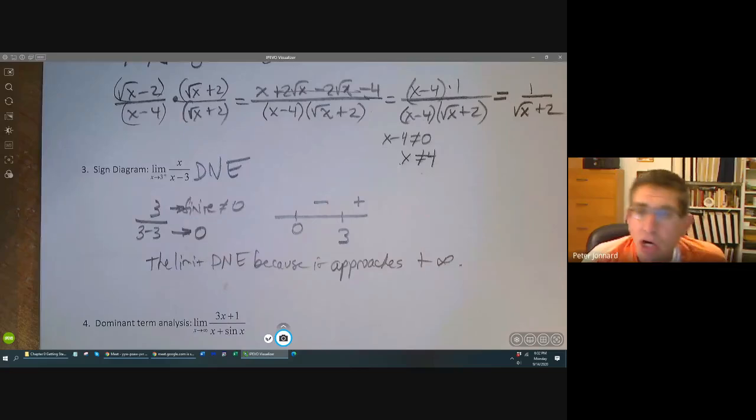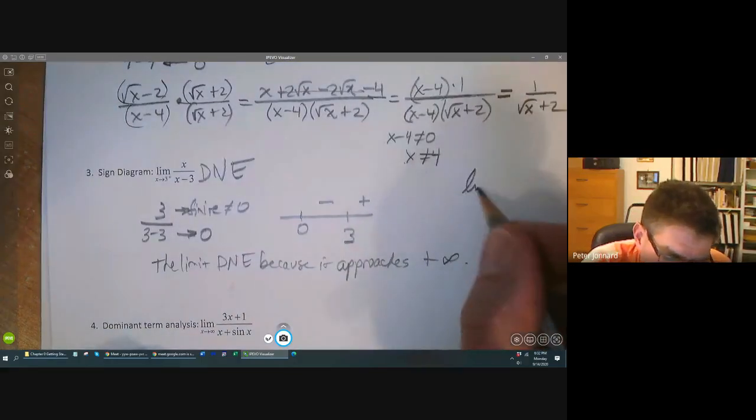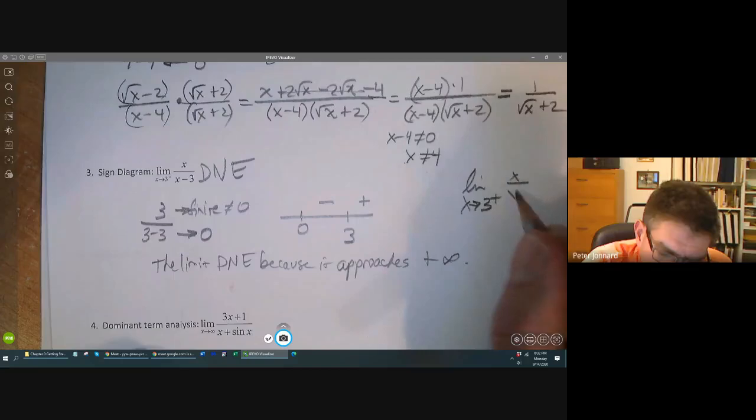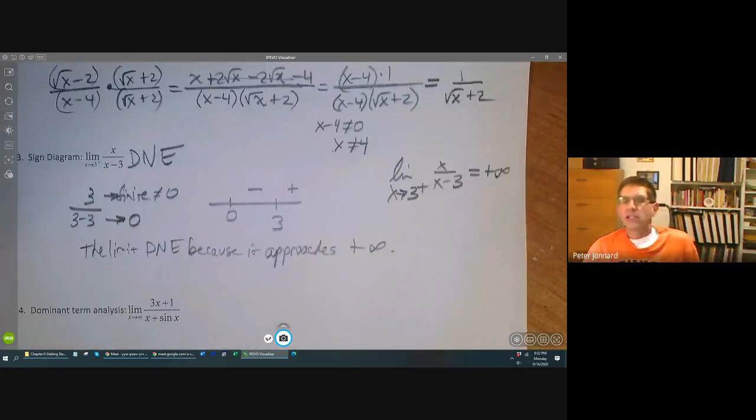One thing I will caution you about that your book does, and I do believe this is sloppy and would cause problems later on, is they use the equal sign for this. They will say in your book, the limit as x approaches 3 from the right of x over x minus 3 equals positive infinity. Please don't do that. That's going to hamper your future career in math.